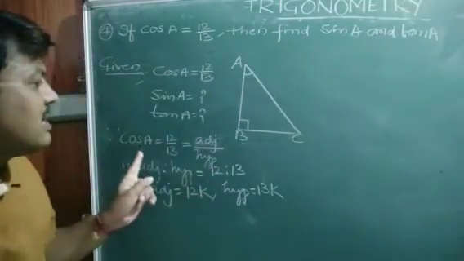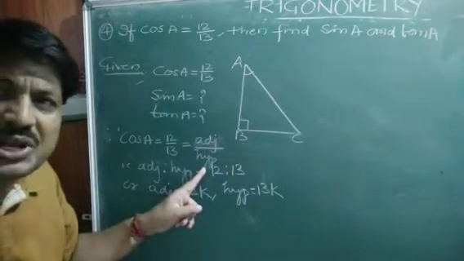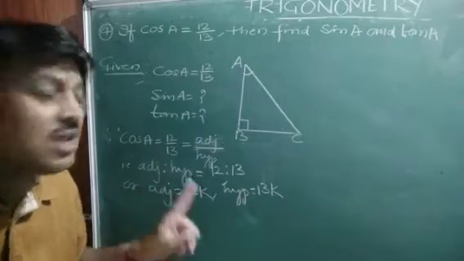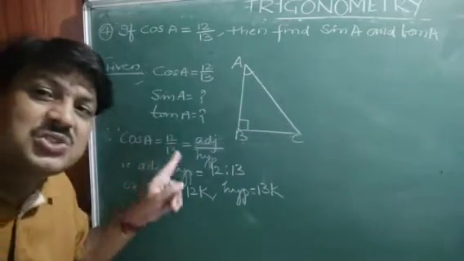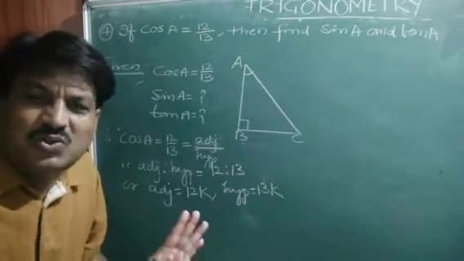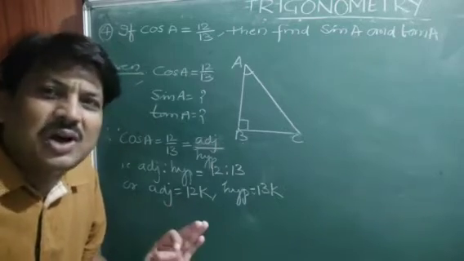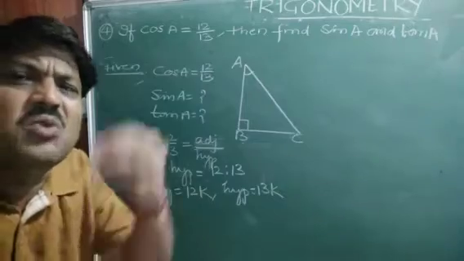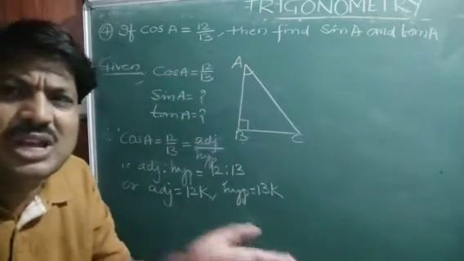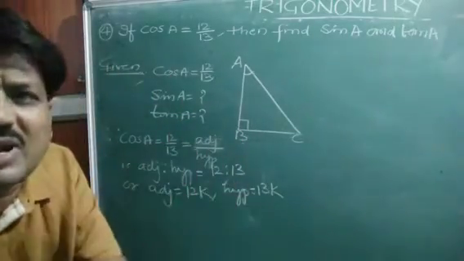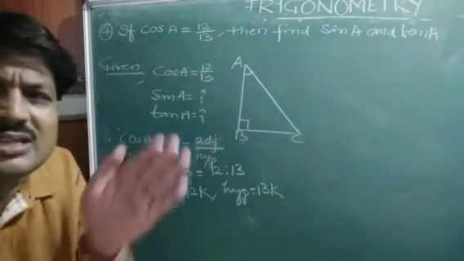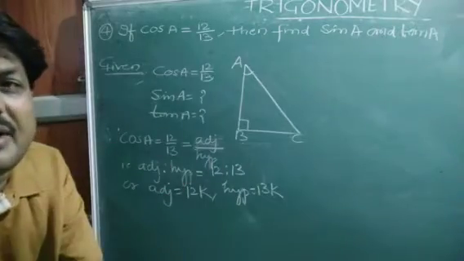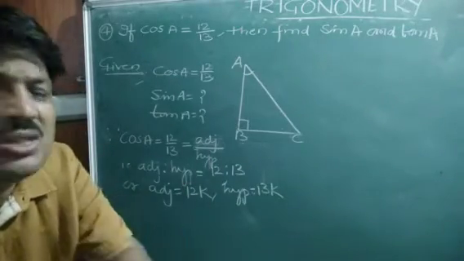It means the adjacent and hypotenuse values are not 12 and 13 here. It is not given. The values are in the ratio 12 is to 13. Did you understand? Whatever the value, maybe 12 and 13, 24 and 26, 36 and 39, 120 and 130, 1200 and 1300, the ratio is 12 is to 13.